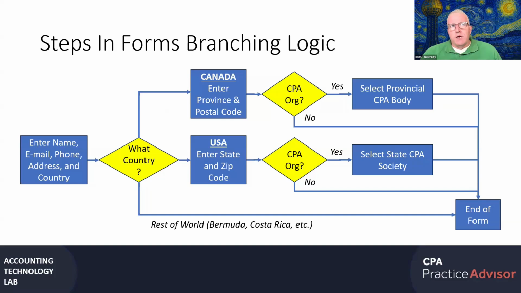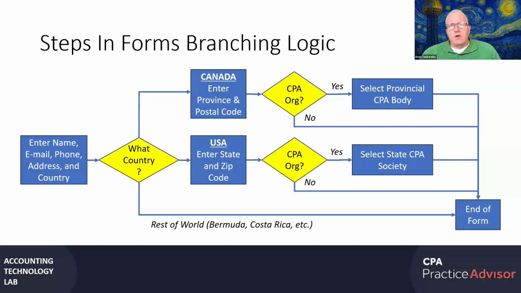When I'm collecting data about people, I want to have name, phone number, address, and country. But if I have people in Canada, I know their postal codes have 3 letters, 3 numbers. In the US, we have 5-digit zip codes. And then the pick list for the provinces and the states, I don't want to subject them to each other. So I want to effectively divide up into those paths.